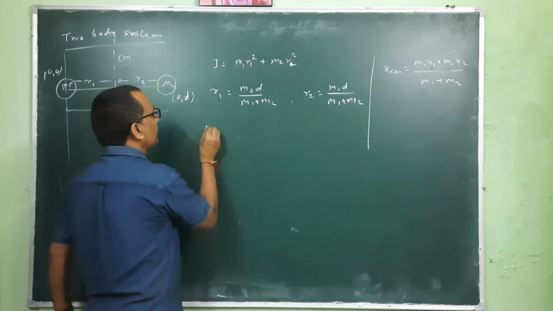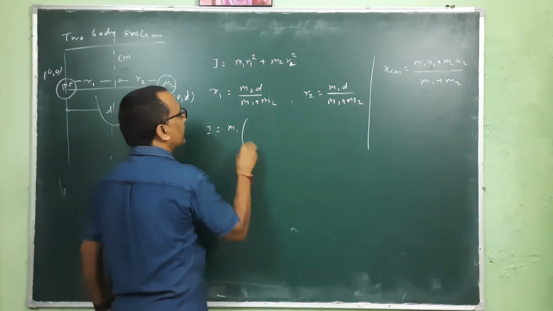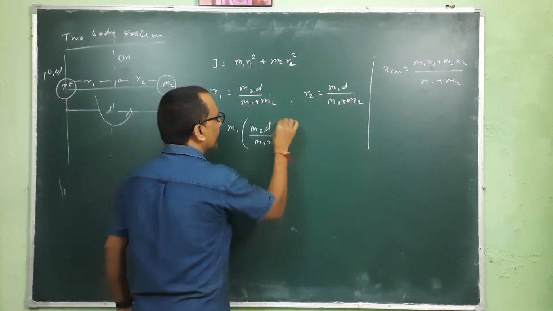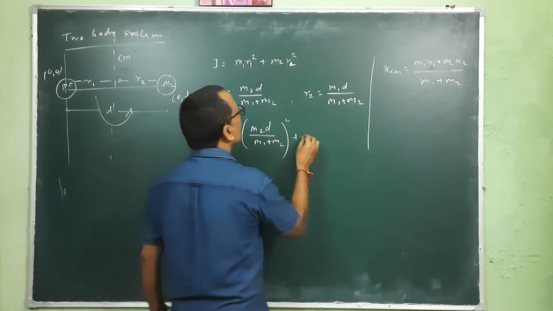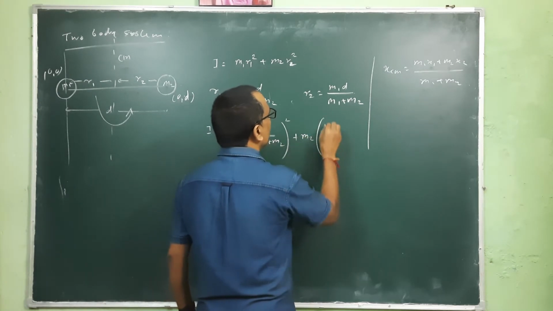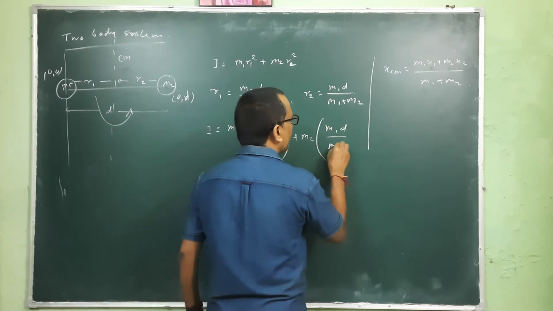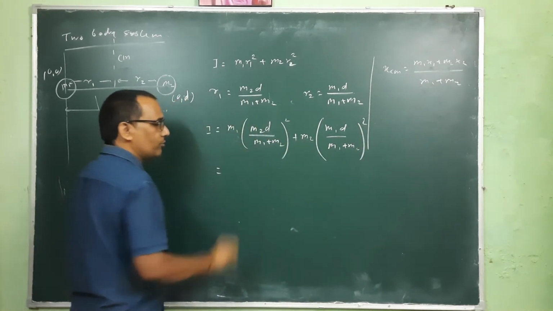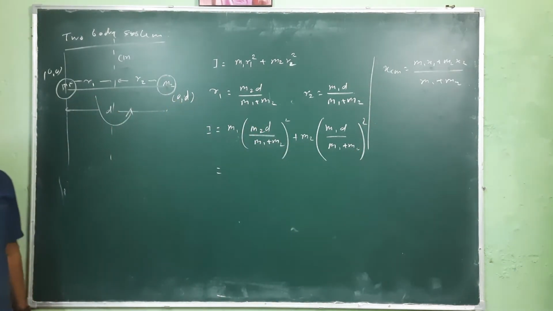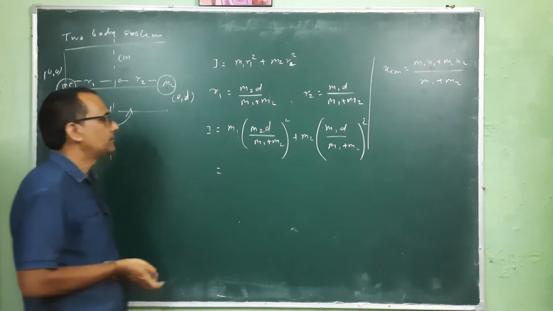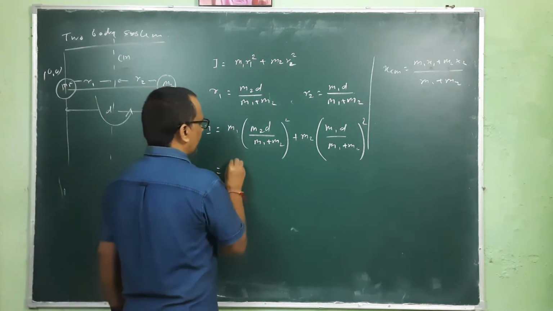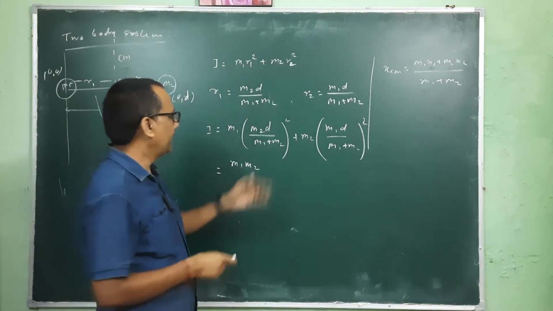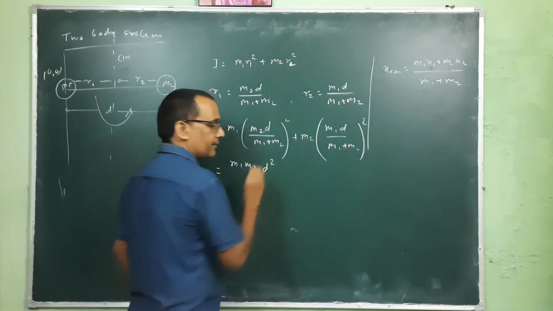So I is equal to m1 times m2d by m1 plus m2 squared, plus m2 times m1d by m1 plus m2 squared. Then this is equal to, m1 m2 can be taken as common, and also d square.